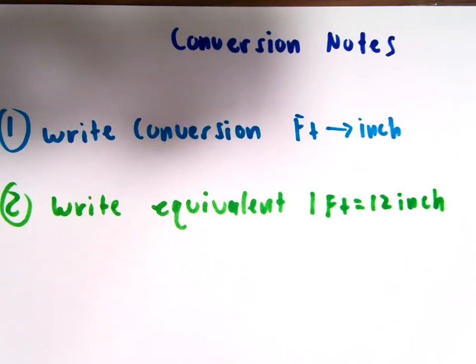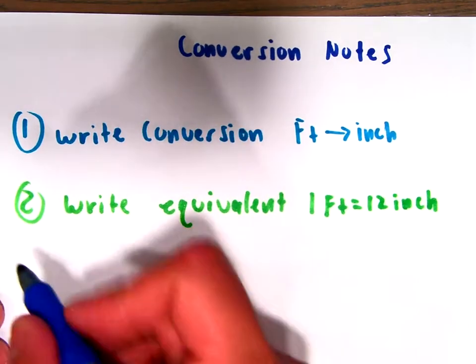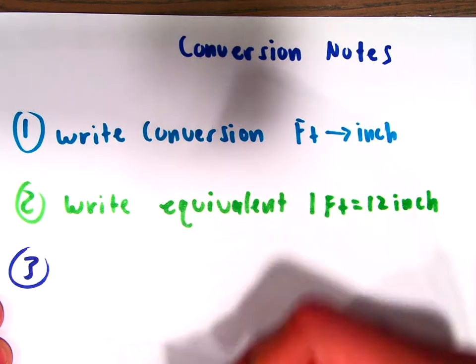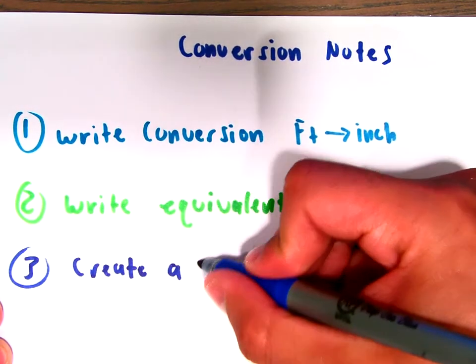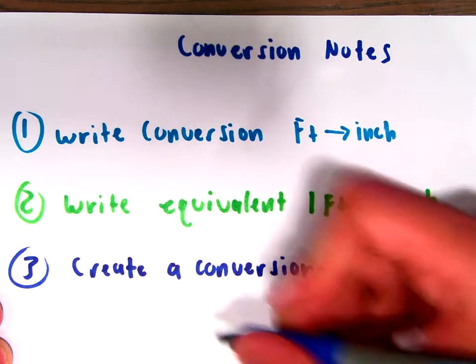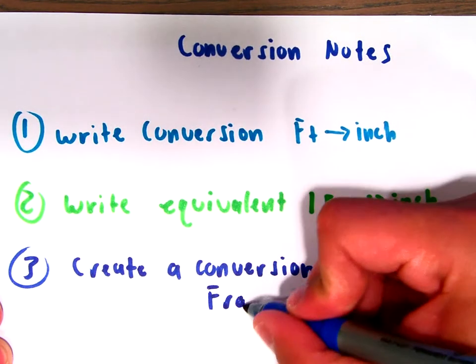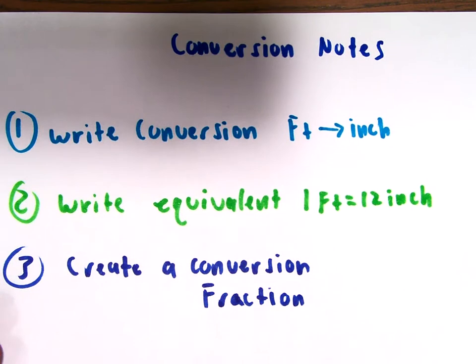Step 3 is you create what we call a conversion fraction. This is really the important part. This is the part we have to get right. So step 3 is create a conversion fraction. And just like it sounds, it's a fraction that's going to allow you to convert between two different units.